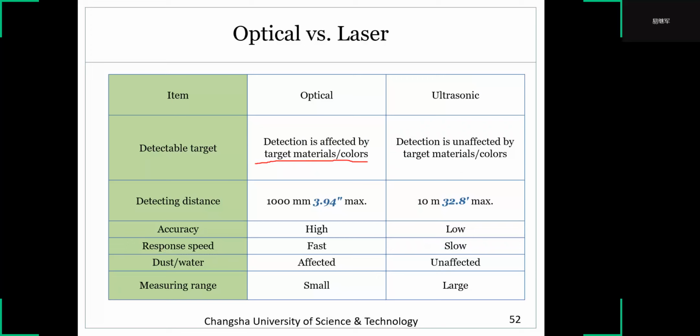Ultrasonic is unaffected by the target. The detecting distance: optical is 1,000 millimeter max, ultrasonic is 10 meter max.